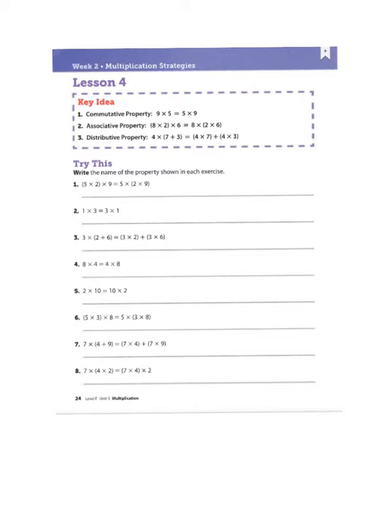And then the distributive property also has parentheses, but they are taking this first number and making sure you multiply it with this number and you multiply it with that number. So this problem kind of changes, okay? So we have 4 times 7 plus 3.